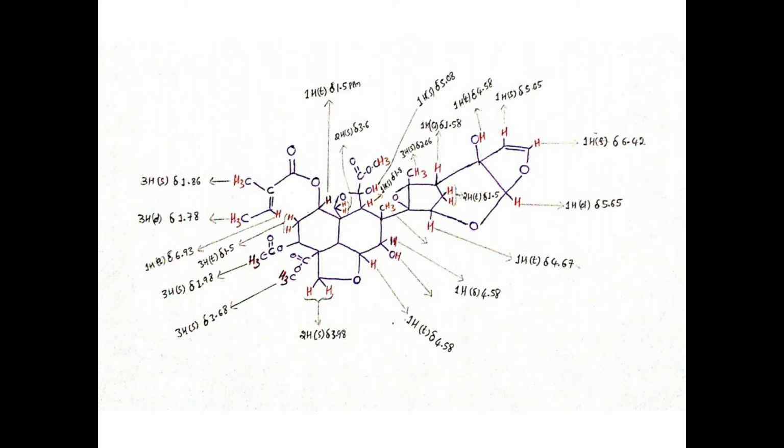Our next aim is to prepare azadirachtin, which contains this structure, and then we compare all properties of synthesized azadirachtin and naturally occurring azadirachtin. If these properties are identical, then the structure of azadirachtin is confirmed.